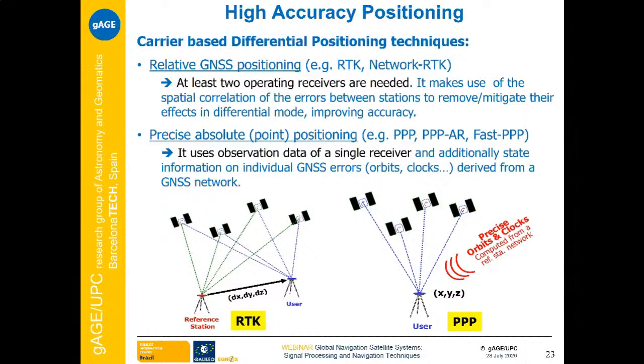This means the differential corrections are split in these components of the error, orbits and clocks, and the idea is that we obtain the absolute coordinates of the user. In the case of RTK, what we compute is the baseline vector, but if we know the precise coordinates of the reference station, then using this baseline vector, we can compute the user coordinates.